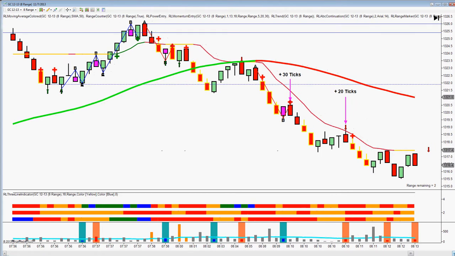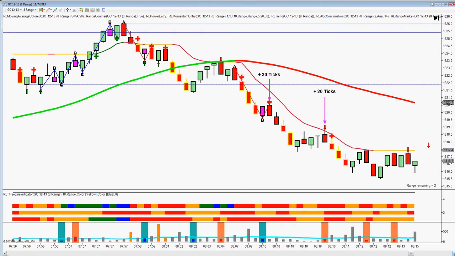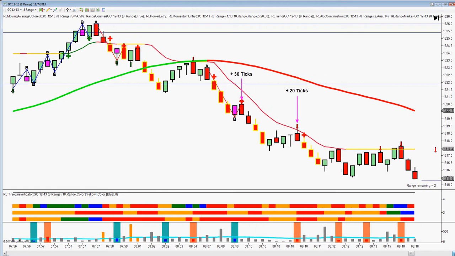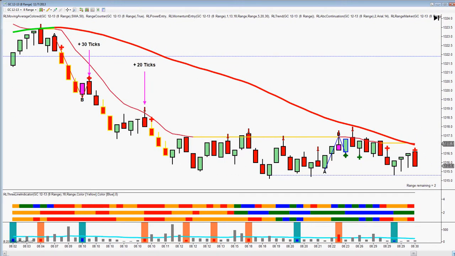Now, let's continue to move here. Here is a gorgeous short at 810.20. B pivot, first C, I'm sorry, with a momentum signal.